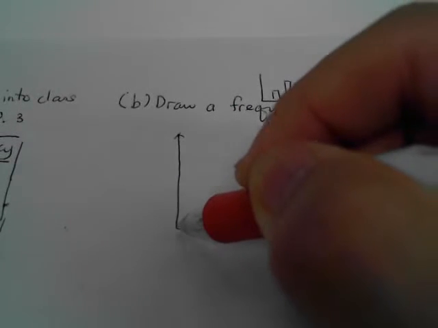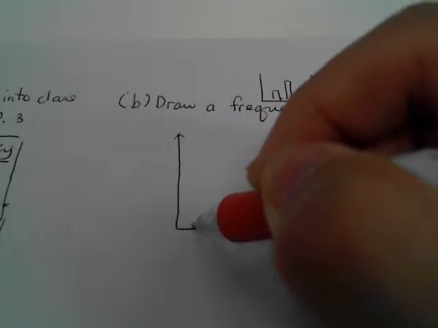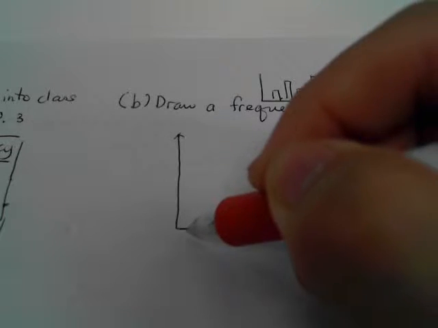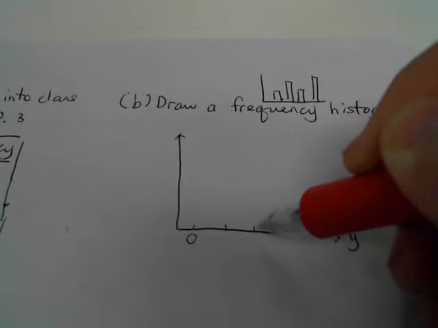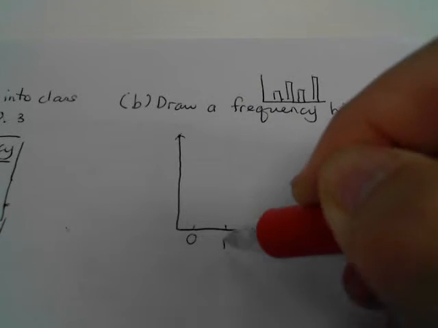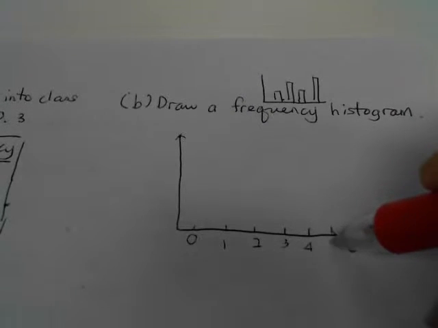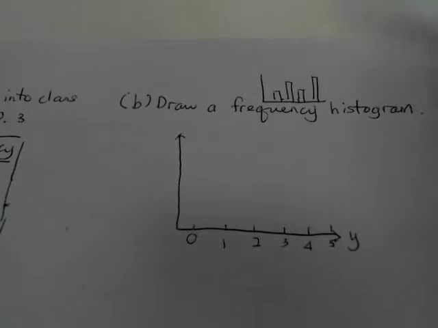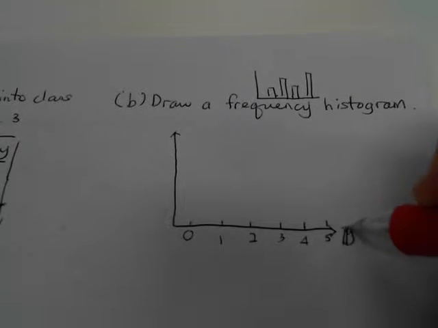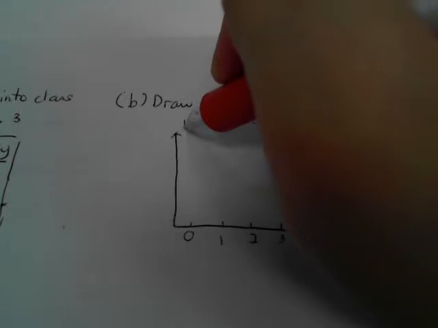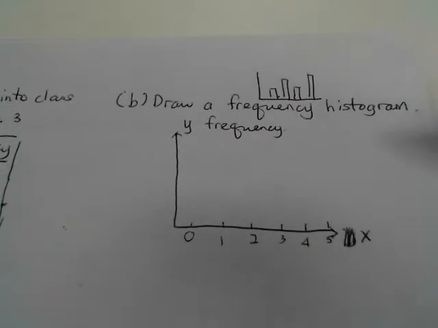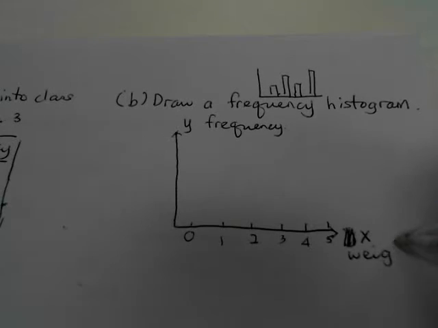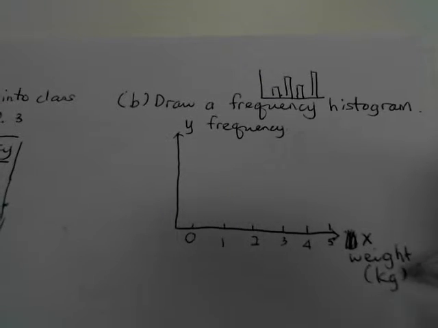If we just leave some space here, you can start from here. 0 to 1, then 1 to 2, 2 to 3, 3 to 4, and 4 to 5. Oops, this is not your y, this is your x. This is your y. Y would be your frequency in terms of the scale. X would be your weight, and the weight, you must have a unit which is in kilogram.